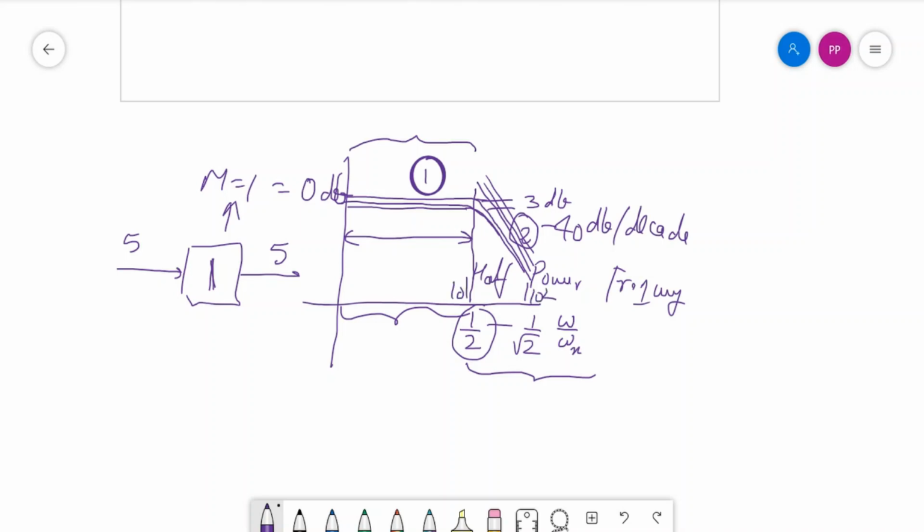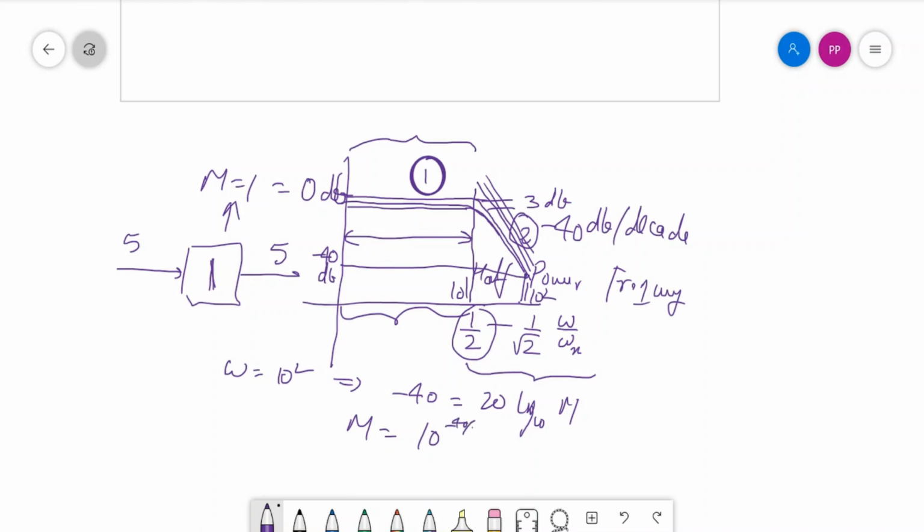Reaching here, with a slope of minus 40 decibels, the value will be minus 40 decibels at this point. So at frequency omega equals 10 power 2, the magnitude is minus 40 decibels, that is 20 log base 10 of magnitude M. Solving for M, M equals 10 power minus 40 by 20, equals 10 power minus 2. It means M equals 0.01.